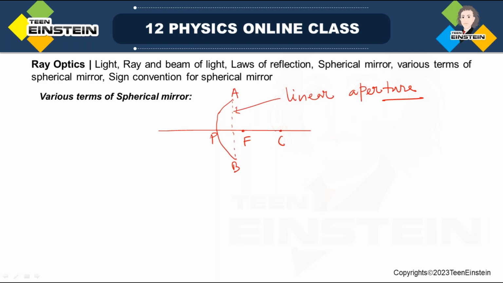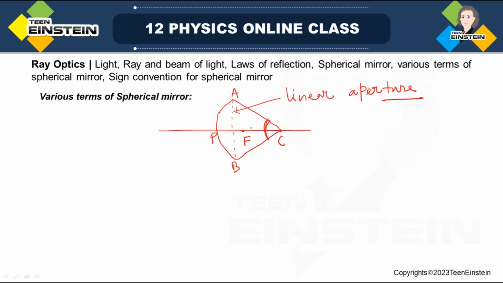What is the angular aperture? The angle made by the ends of the spherical mirror at the center of curvature is called the angular aperture.